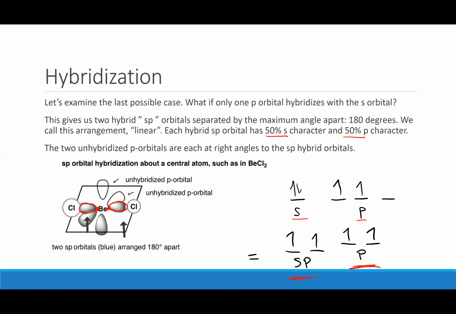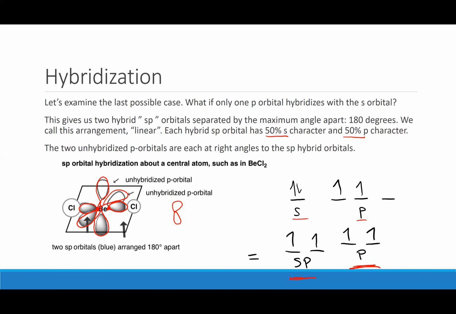Now, the other orbitals that are shown are unhybridized p orbitals. It gets a little bit dense here, but remember, a p orbital has a full shape like this. So one of these p orbitals is this one, and the other one is kind of coming in and out of the page here.